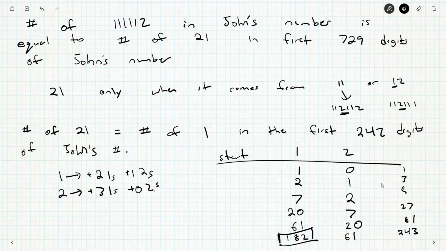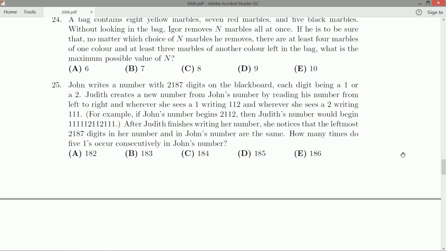Okay, so the 243rd digit is a 2. So our answer is 182, and that's A. A times in John's number, there will be 5 ones and then a 2. Although they only asked for 5 ones, it has to be 5 ones and a 2, because I've already said you're not going to get 2 twos in a row.